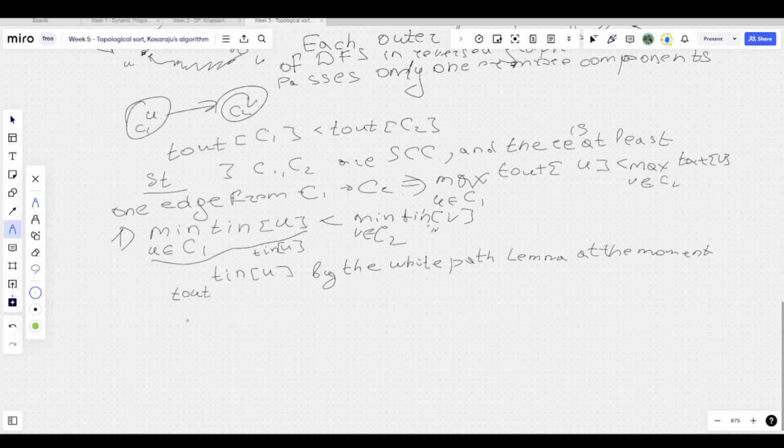So at the moment t out from V, C1 is not visited and C2 is fully visited, fully passed.